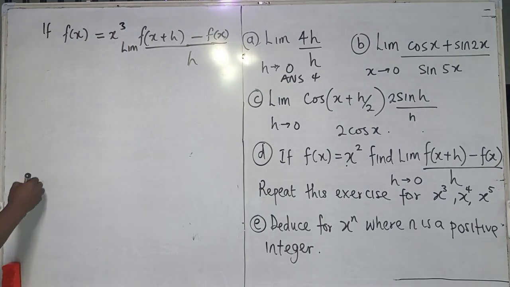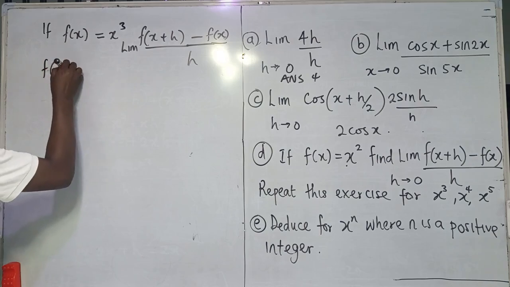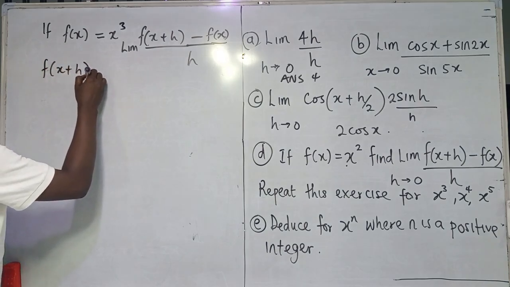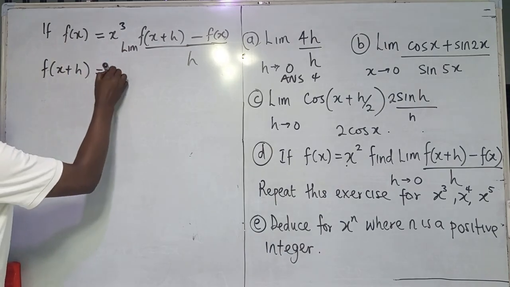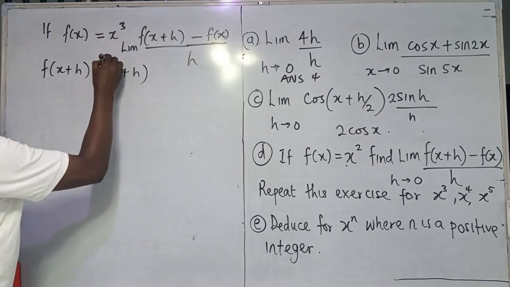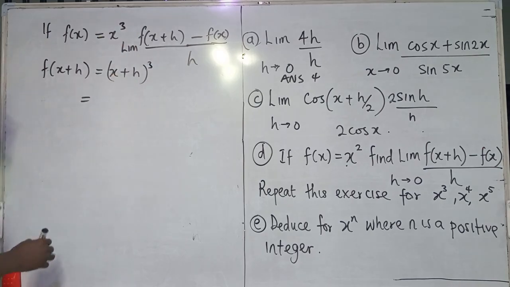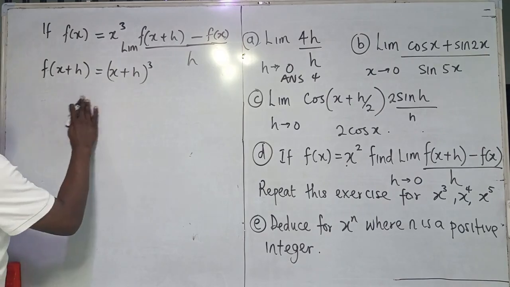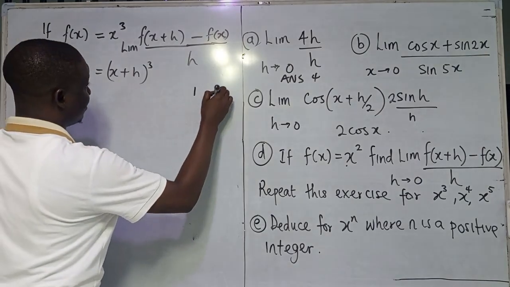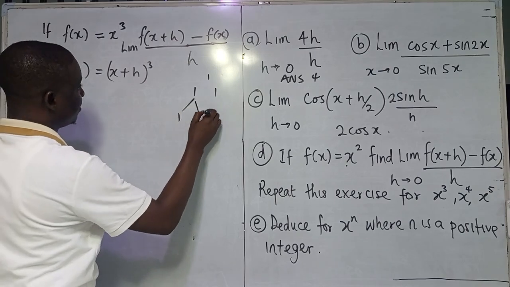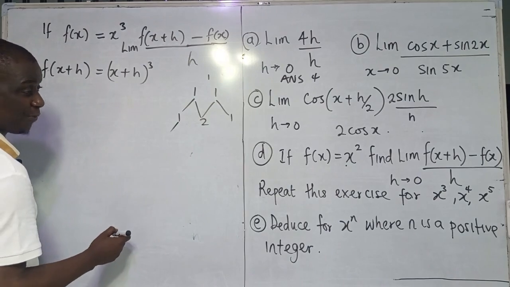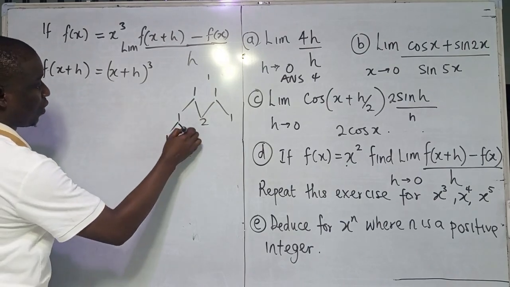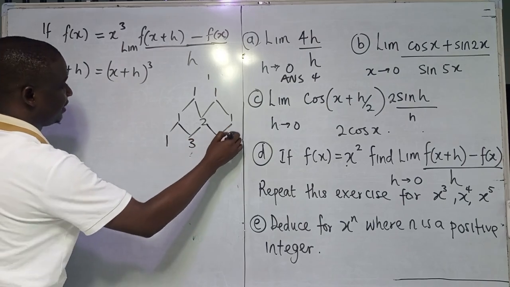Now for our x cube, I'll first of all look for x plus h, because f of x is x cube, so f of x plus h is equal to x plus h all raised to power 3. Now if you use binomial expansion, what is binomial expansion? 1 1, 1 2 1. Go and watch my video on binomial expansion; I've done binomial expansion. 1 3 3 1.